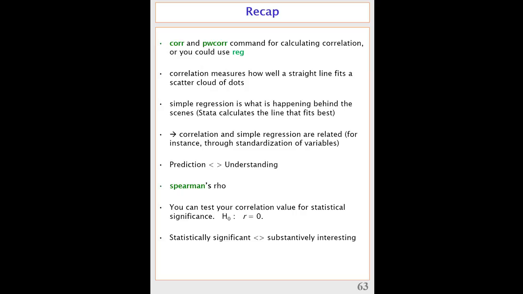Simple regression, so trying to predict y from a given x, is actually what's happening behind the scenes and is closely related to these correlation values. Stata will find the line that fits best for you. And in several ways we've seen that correlation and simple regression are related. Standardize the values and look at the coefficient, or look at the R squared and take the square root of that, and you get the correlation.